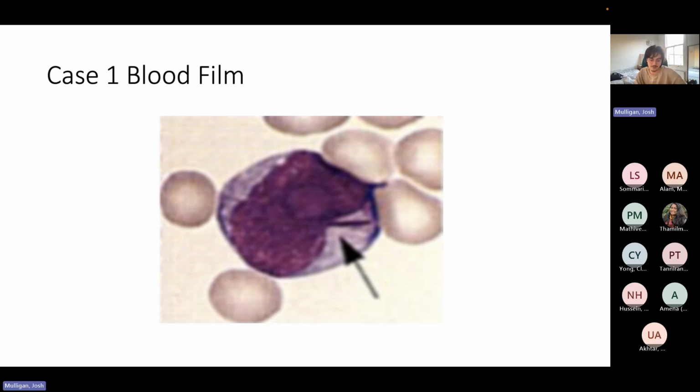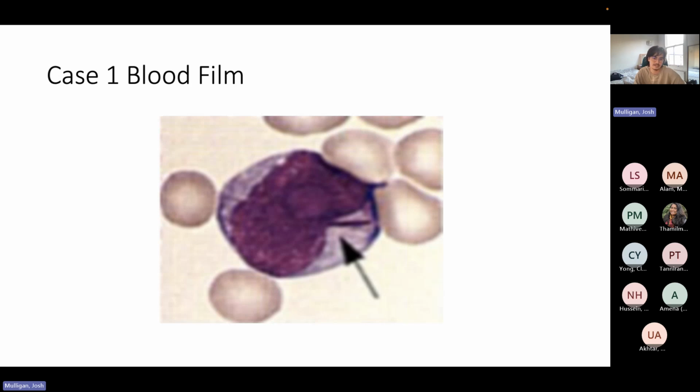So what happens is, as these myeloid cells don't mature, these lysosome granules, which, if you remember from preclin, have enzymes that clear up cellular debris, basically fuse together and form this rod shape.